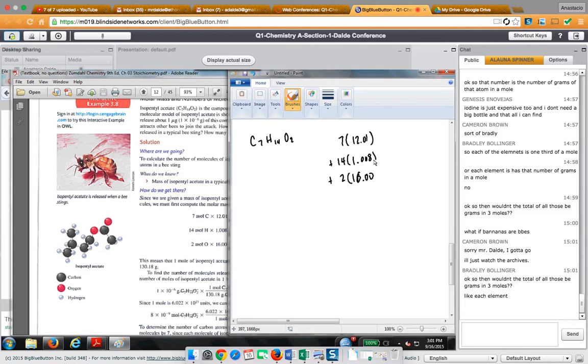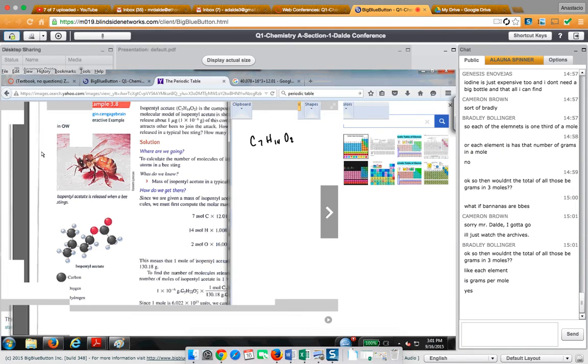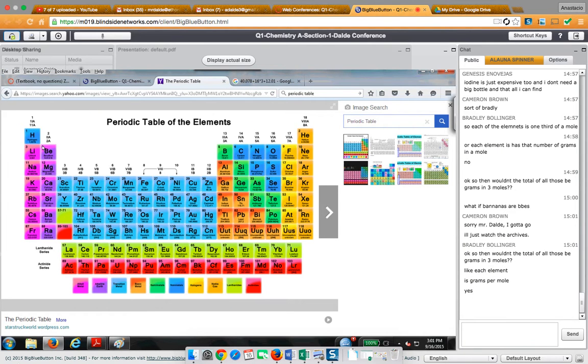No. Each element is 1 mole. I have 1 mole, and the molar mass that I'm showing you is how many grams are in 1 mole, not 3 moles. Oh, okay.